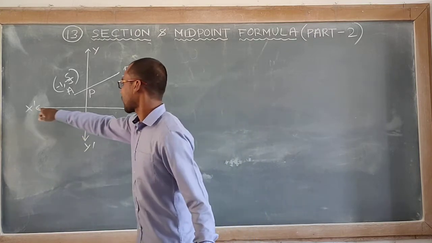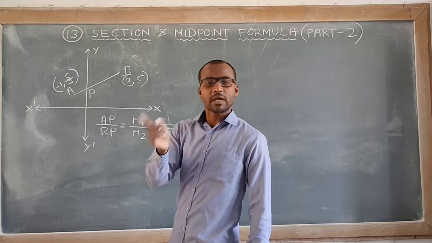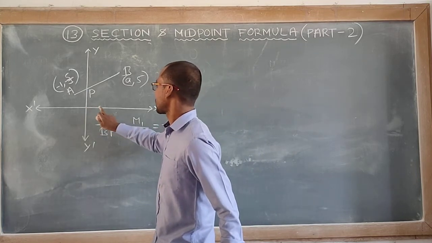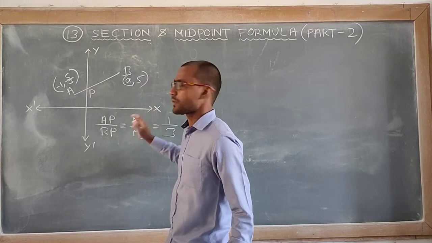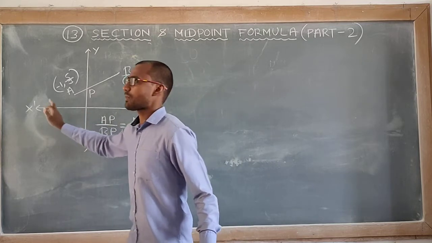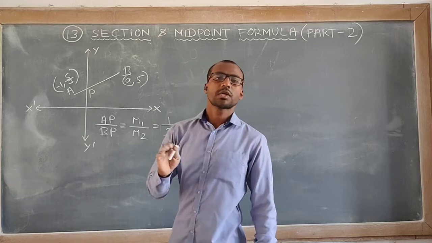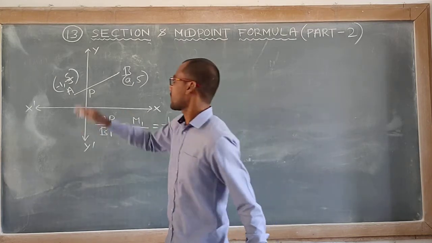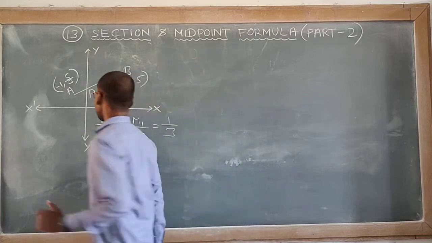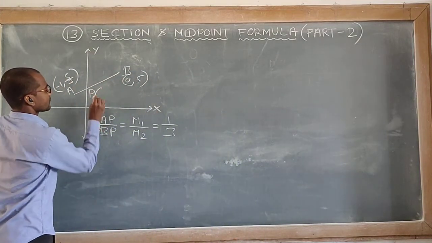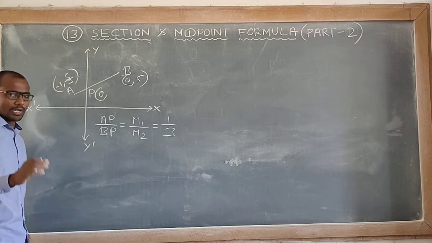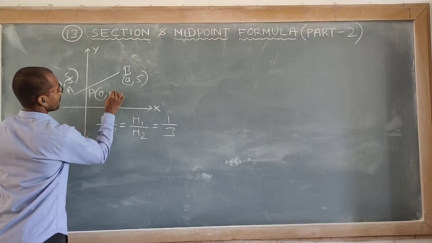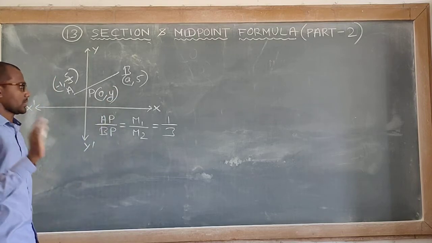Similarly, any point on the x-axis has y coordinate 0. So definitely the x coordinate of P is 0. The y coordinate I don't know; let it be y.